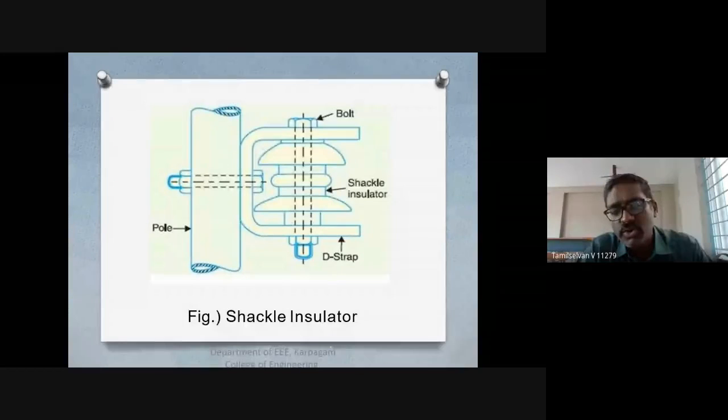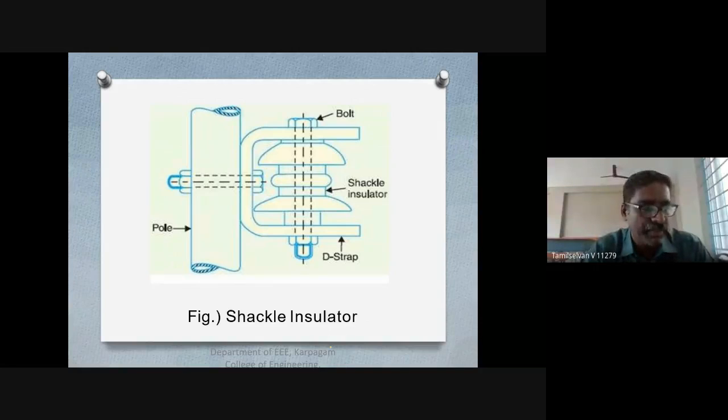If you want to use a material as an insulator, it should have some properties. The first property is high mechanical strength. Second, it should have high electrical resistance, to avoid leakage current. It should have high relative permittivity, so that it has high dielectric strength.